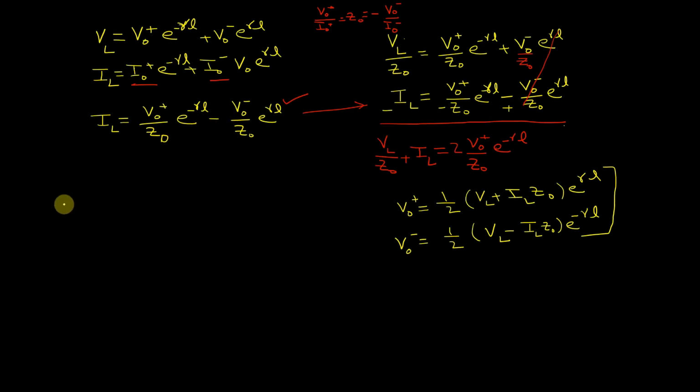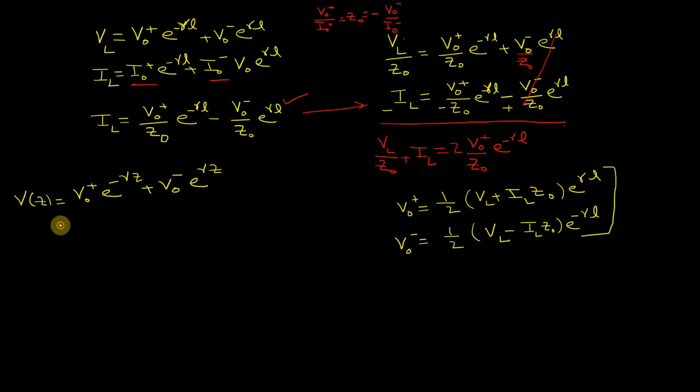The value of Vz was V naught plus e raised power minus gamma z plus V naught minus e raised power gamma z. What is the value of V naught plus?